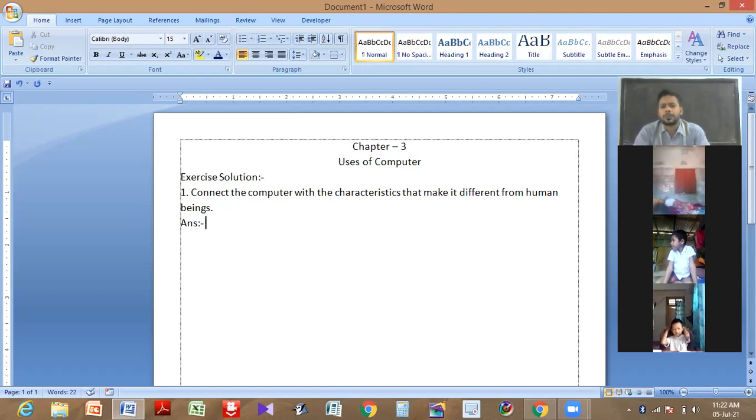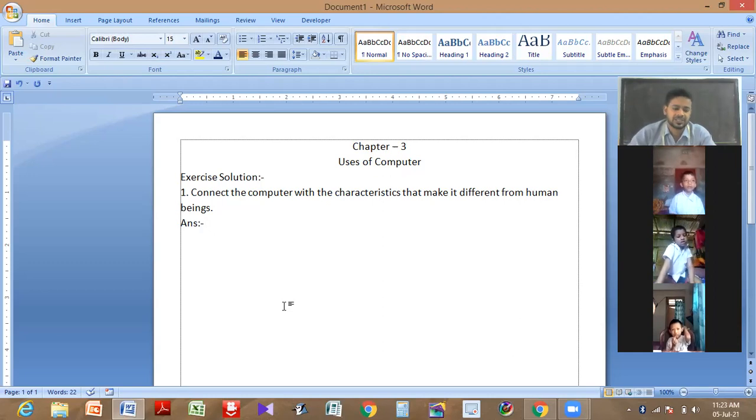Do you think that a computer makes mistakes sometimes? No, never. A computer doesn't make any mistake. So A is not a characteristic of a computer. After A, number B, it works very fast. Yes, a computer works very fast, and for that a computer is different from humans.